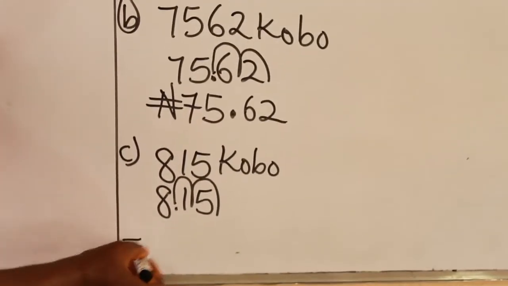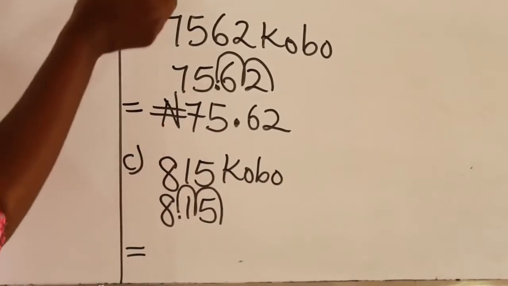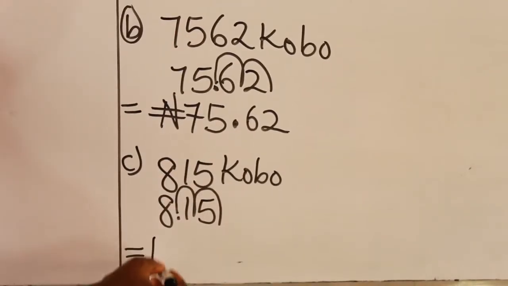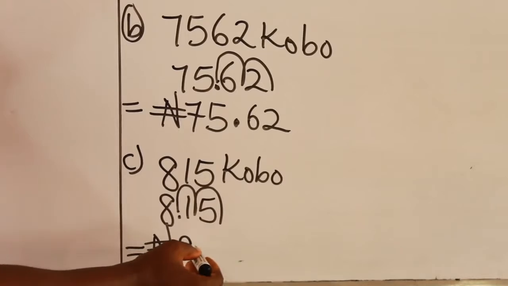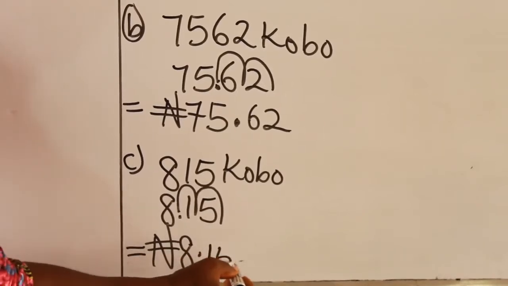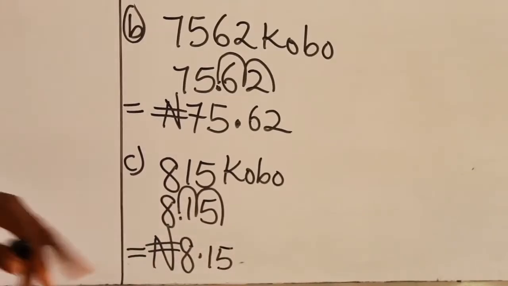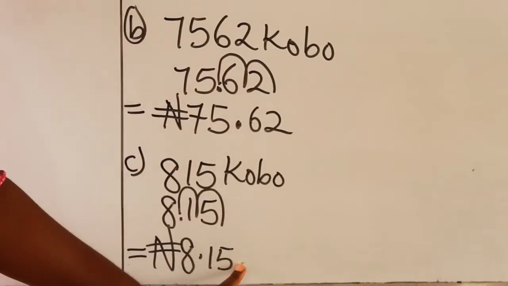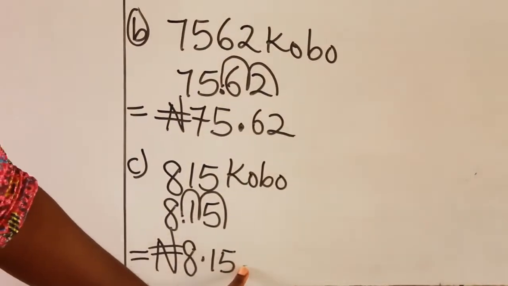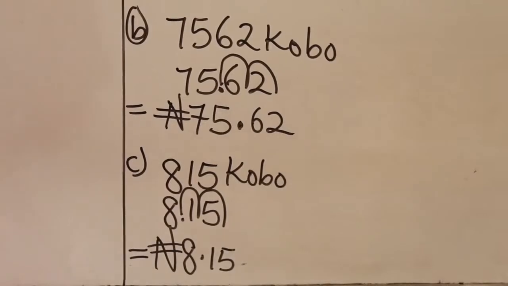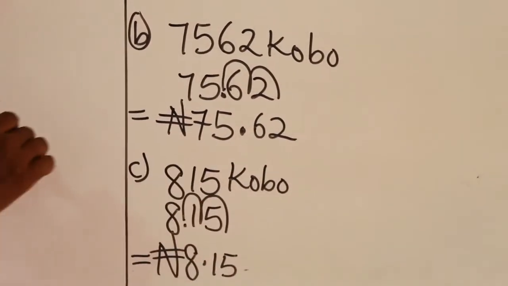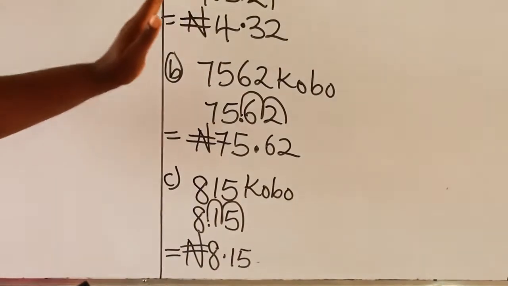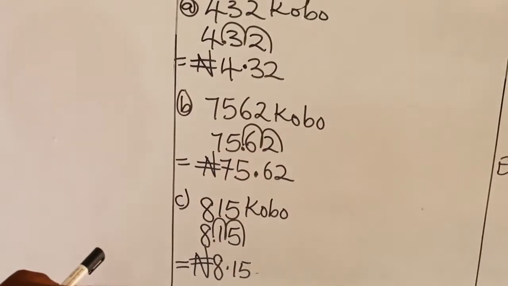Then your final answer will be your naira sign first, and then you have 8 naira 15 kobo. Please don't put kobo in front of your number when you are writing naira. Okay, 8 naira 15 kobo. You can see how legibly I have written this down.